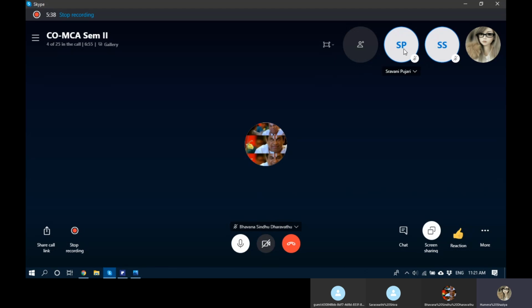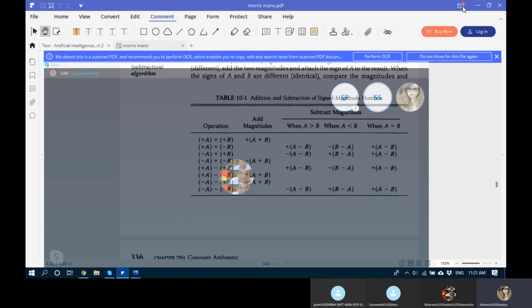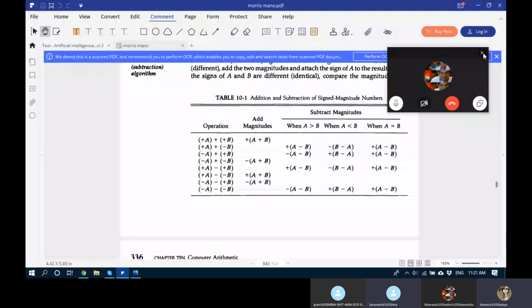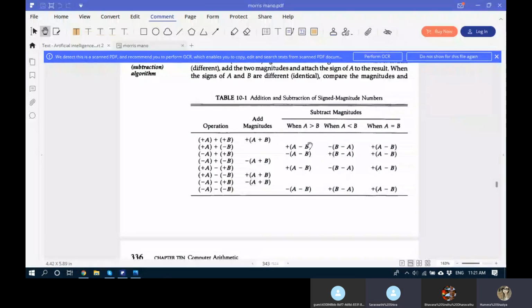Saraswati, Shravani, can anyone explain me this rules of addition and subtraction? Ma'am, like plus into plus becomes plus, plus and minus becomes minus like that, na ma'am. Like that only.